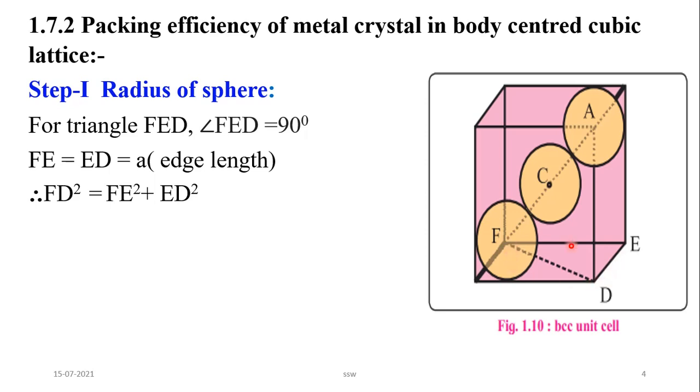Now you know that both are edge lengths, FE is equal to A and ED is also equal to A. Substituting these values, FD square is equal to A square plus A square, that is 2A square. So FD square is equal to 2A square.